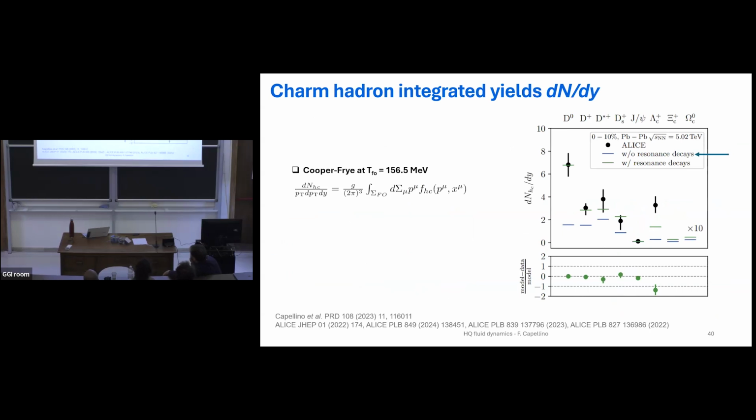Here are the results in comparison to integrated yields for charm hadrons at the LHC. We use a Cooper-Frye prescription. To anticipate questions, we use a distribution function for each hadron that contains the mass of the hadron and the charm charge of the hadron.